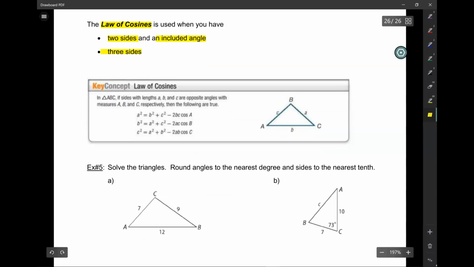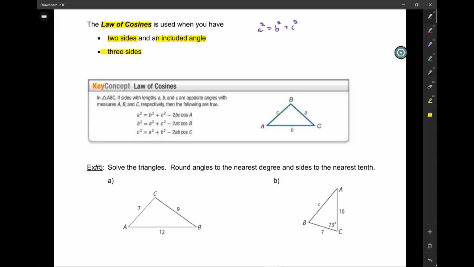Okay, so the law of cosines too has three variations, and here they are. I'm just going to write down the first one. It says a squared, which is a side, is equal to b squared plus c squared. What does that kind of remind you of? It's sort of like the Pythagorean theorem. So basically here, you've used each side once.